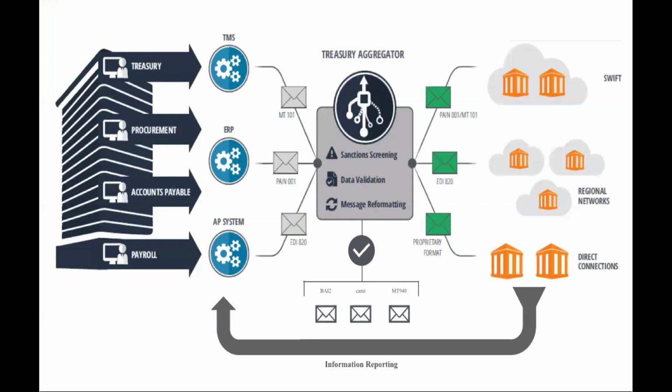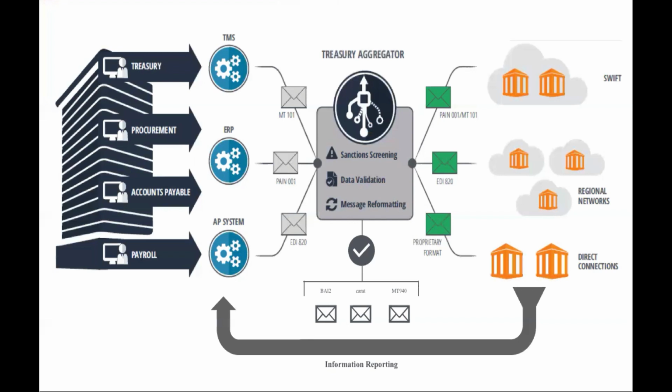Is there a key sort of number of connections, complexity that makes you say, right, this is when I need a treasury aggregator, this is when I can get away with just a TMS or a payment hub platform? Yeah, usually for a treasury aggregator, you're looking at 5 or more payment connections to 5 or more banks.